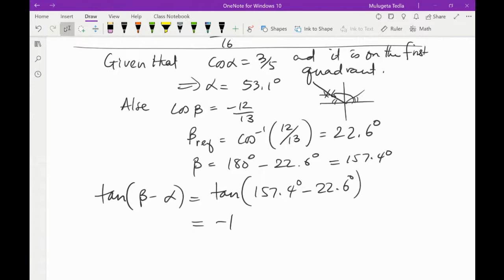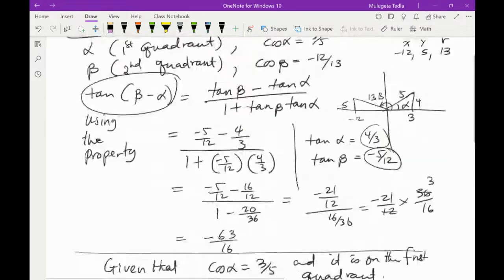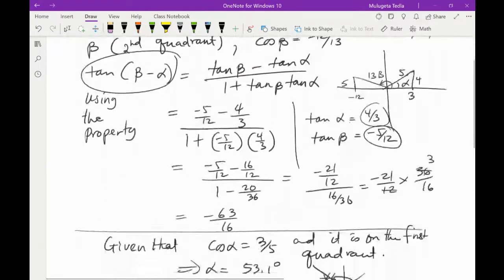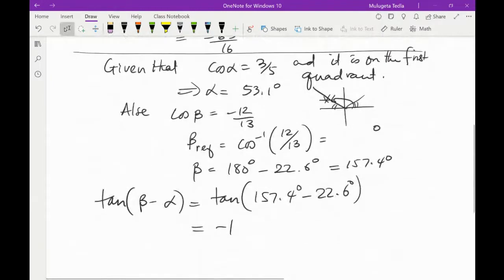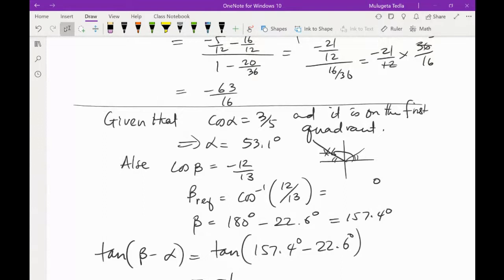I think it's 53.1 instead of 22.6. Oh, something's not right. Okay, so what is this? Oh, I probably hit tangent. 12 divided by 13, second function cos. We are using reference beta and beta. We have to use alpha instead of 22.6. Yeah, alpha is 53.1. We are using beta reference with beta standard here.